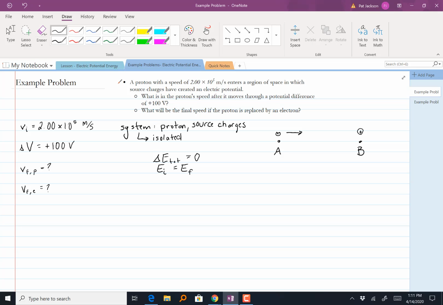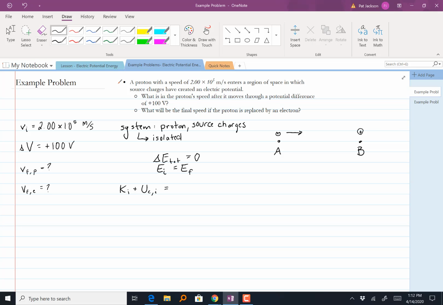In the initial state, I know that it's moving, so that is kinetic energy. I've got some sort of initial kinetic energy. And then we are going to have some sort of initial voltage, and that initial voltage is going to come along with an initial electric potential energy. For right now, I'm just going to write this down as the electric potential energy initially.